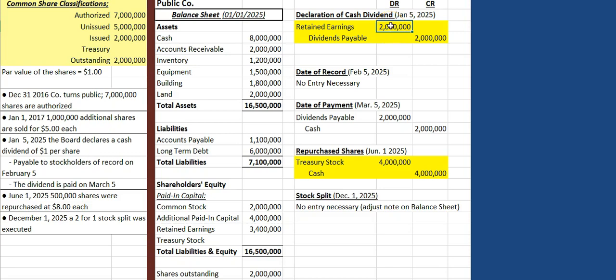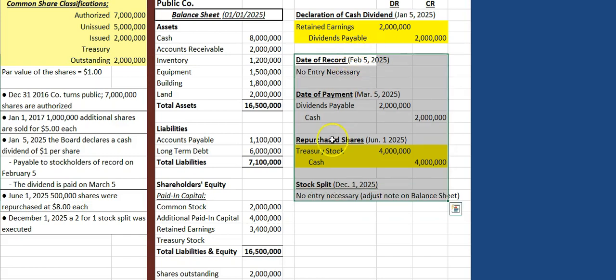That's the amount that they're going to pay. They're going to pay a $1 dividend to 2 million common shareholders. Okay? That should be 2 million there, because there's 2 million shares outstanding. We haven't paid it yet, so we're going to put it under dividends payable.